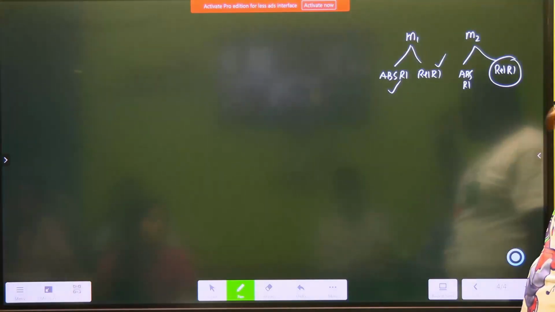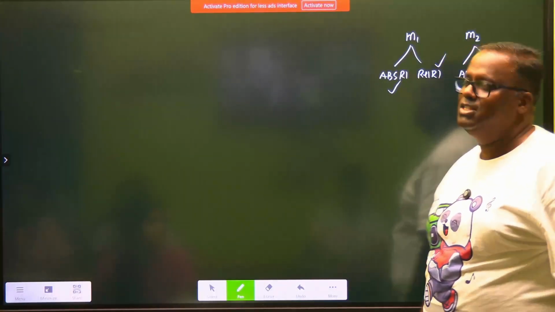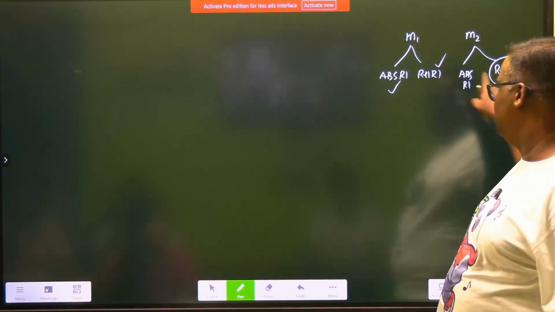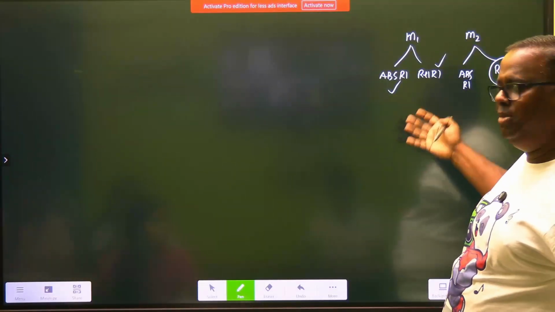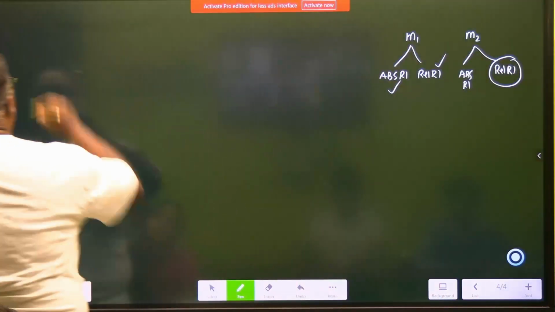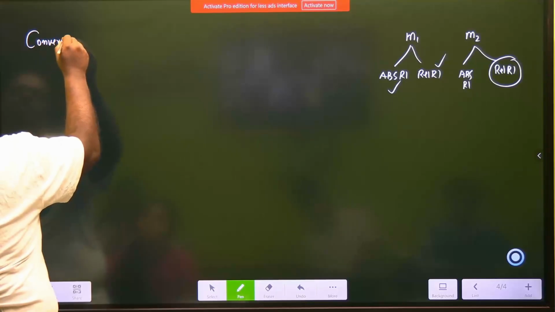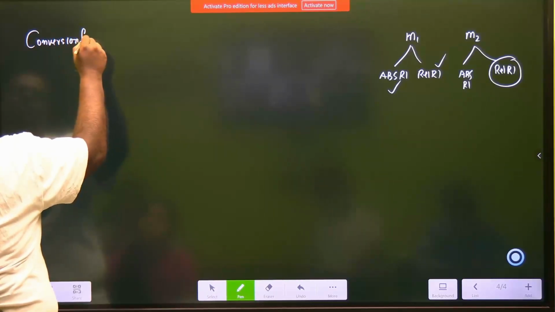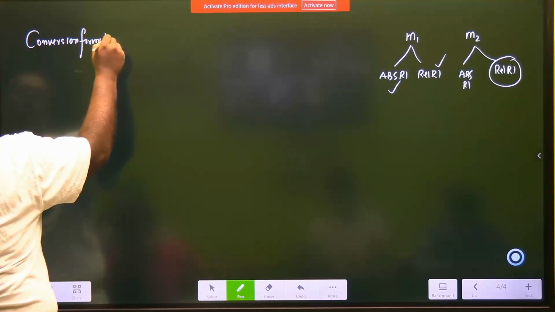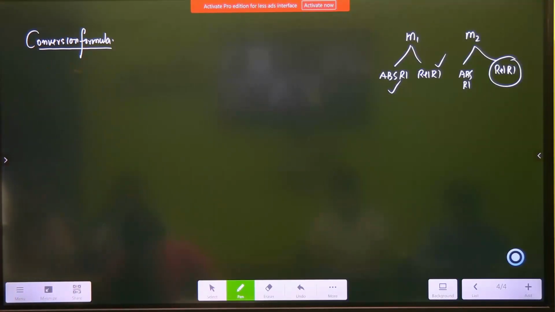In fact, the first time when you asked me that question, when we were in mirrors, sir, I'm not able to understand, these were the problems. Okay, and I have brought many such problems. So for that we will use a conversion formula. Now, how this formula comes, you need not memorize. If you memorize, you'll make a mistake.